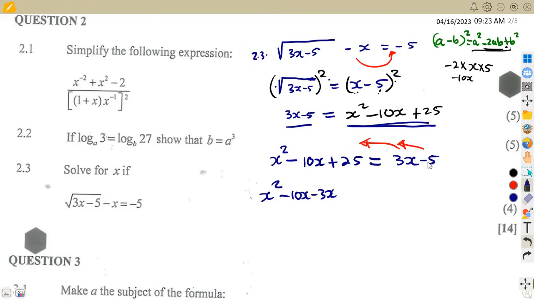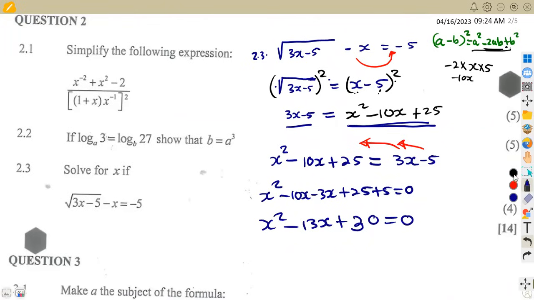If we transpose, minus 5 is going to be a positive, so it is going to be 25 plus 5, which is equal to 0. So x squared, minus 10 minus 3, that's minus 13x, 25 plus 5, that is a 30, sorry, that's a 30 here, which is going to give us a 0. Okay, so we are having x squared minus 13x plus 30, which is equivalent to 0.